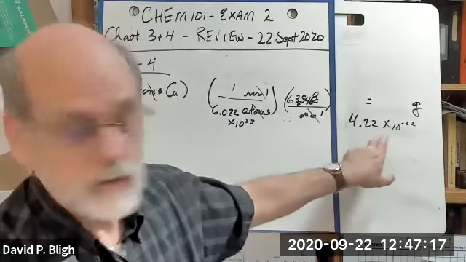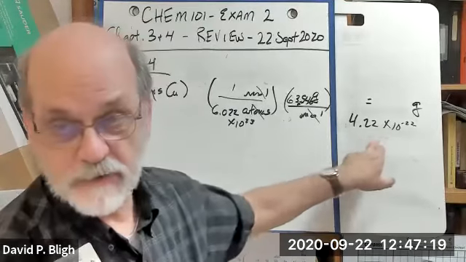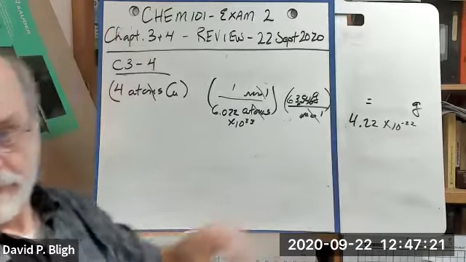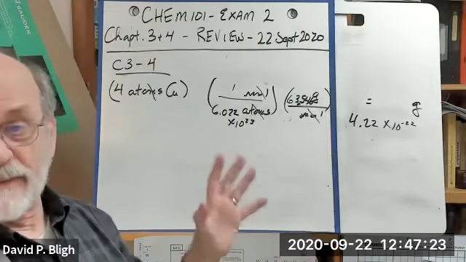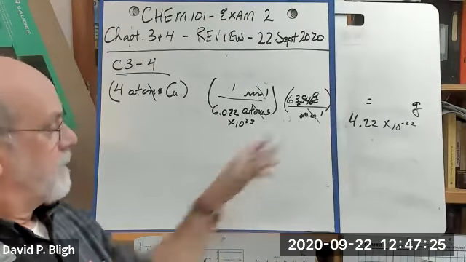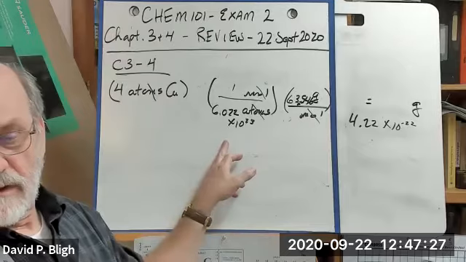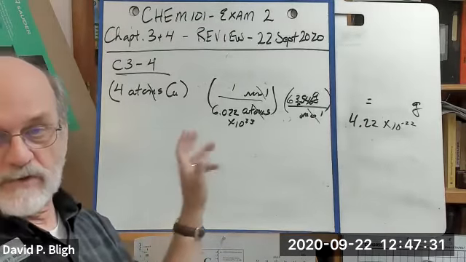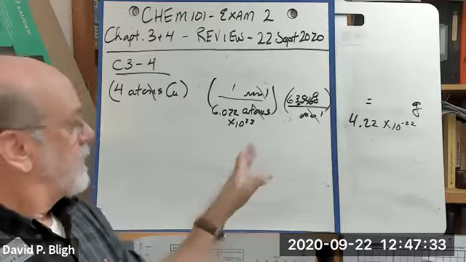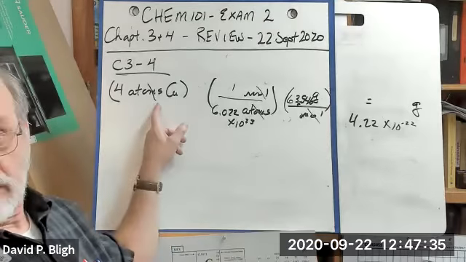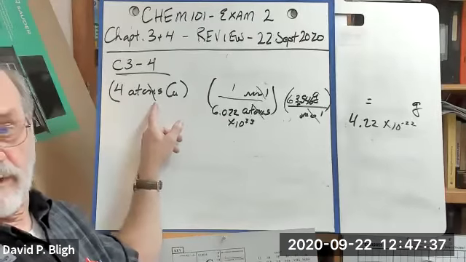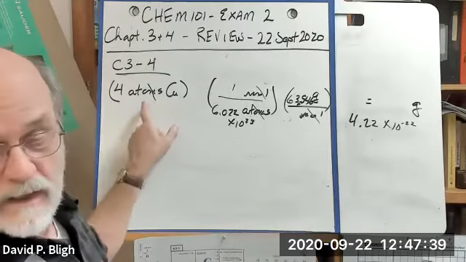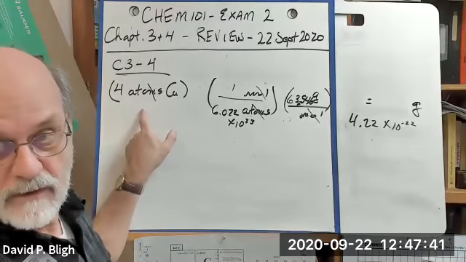Now, how do we know how many significant figures are here? The sky's the limit. Why? Because conversion factors are always exact numbers. They don't limit your number of significant figures. And your starting point, which normally would limit the number of significant figures, is a counting number.